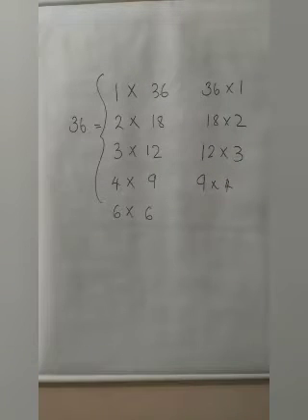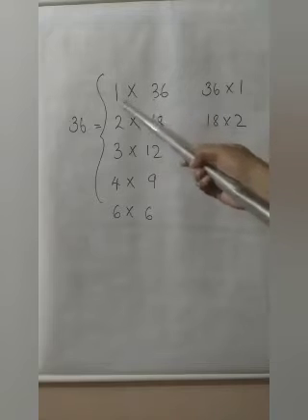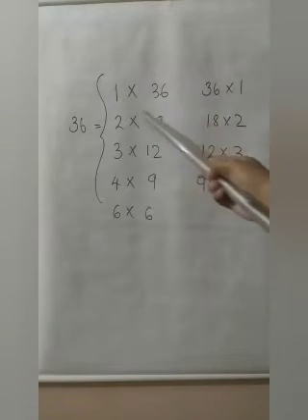Is it prime or composite? 1 is neither prime nor composite. So we cannot say it is prime or composite. What about 36? It is composite, not prime. So we cannot say this is a prime factorization.